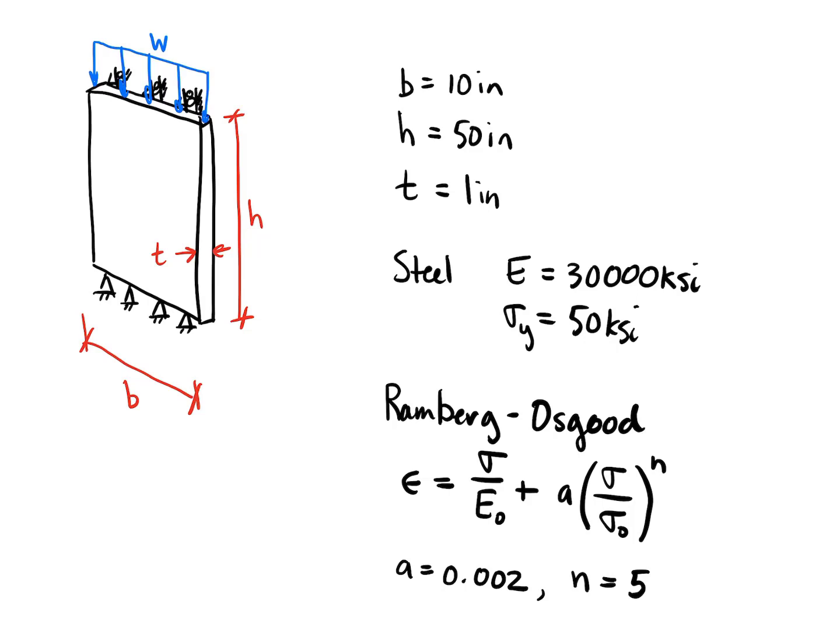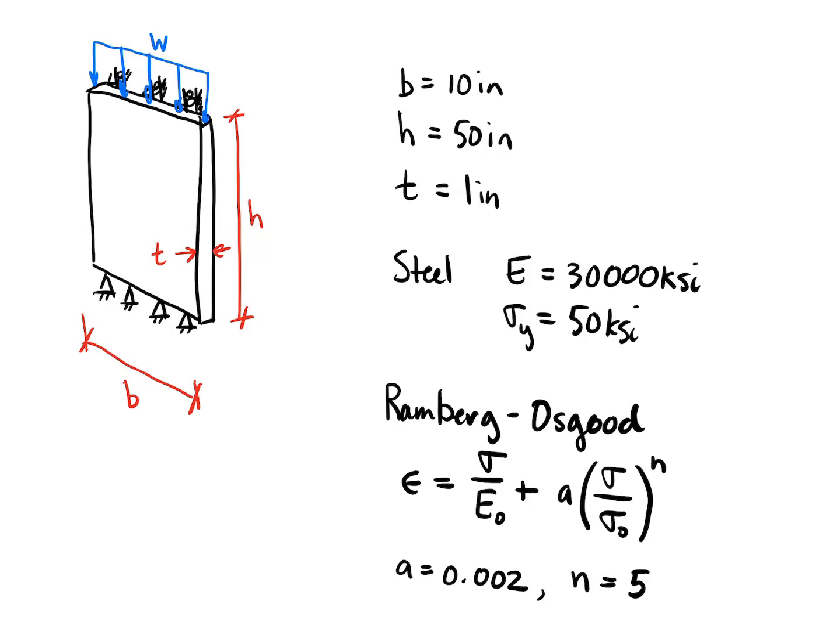In the equation, E naught is Young's modulus, and sigma naught is the yield strength of the material. The parameters A and N are typically chosen so that the model fits the experimental data, and so we will use A equal to 0.002 and N equal to 5, just based on some values that I found in the literature for steel.